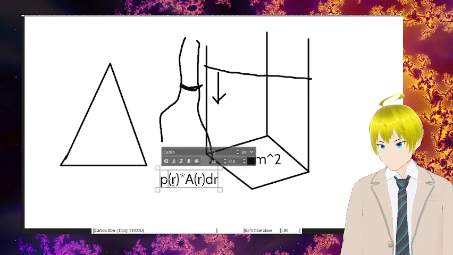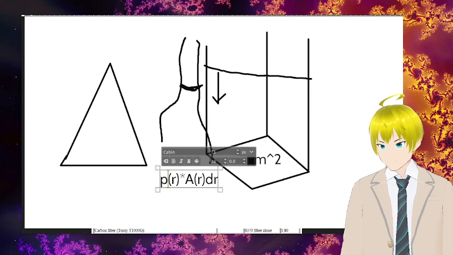So this is density, kilograms per meters cubed, and this is meters squared, and this is meters, so that works. This will just be your mass that exists here.